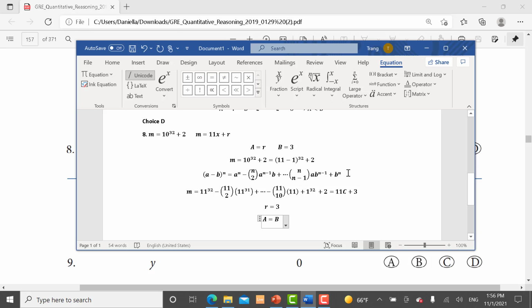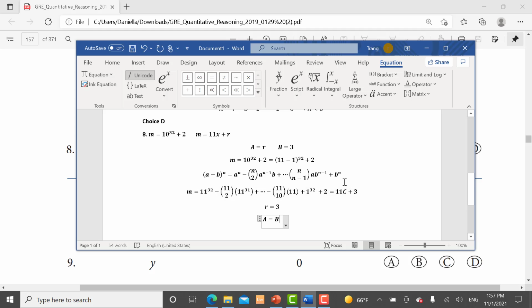And from here, you see that m is 11 to the 32 minus 11 choose 2 times 11 to the 31, plus dot dot dot, minus 11 choose 10 times 11, plus 1 to the 32, plus 2. And now if you look at all terms of m after you derive it, only the last 2 terms don't have 11 as a factor, but the other terms have 11 in them. So we get 11c plus 3.